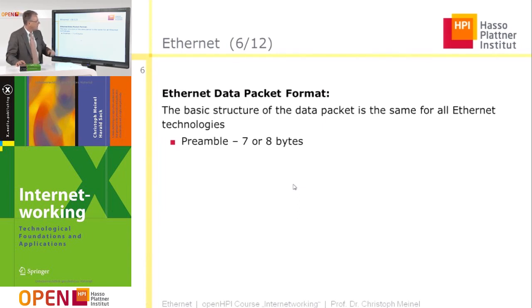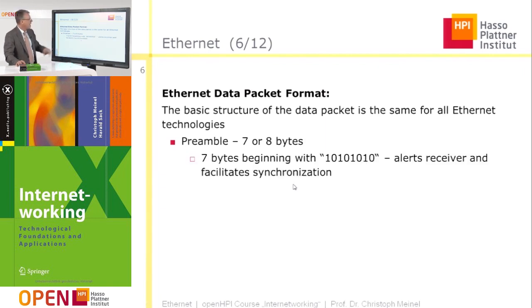So all the Ethernet data packets start with a preamble. These are 7 or 8 bytes, and the 7 bytes begin with such a sequence 10101010, which alerts the receiver and is helpful for synchronization of sender and receiver.